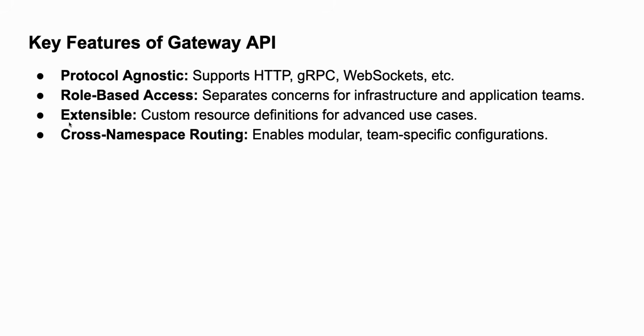Then extensible, with custom resource definitions for advanced use cases. We are also installing the CRDs for Gateway API to work. Another feature is cross namespace routing, which enables modular team-specific configurations.